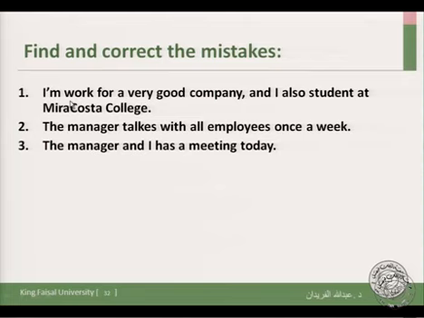The correct is "I work for a very good company, and I am also." Here we should add am. We did not talk about verb to be today, but this is the correct answer. So again, number 1, the correct answer, I work for a very good company.